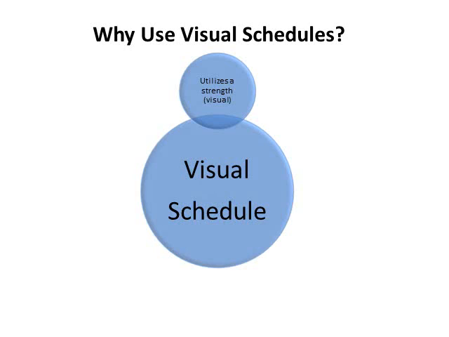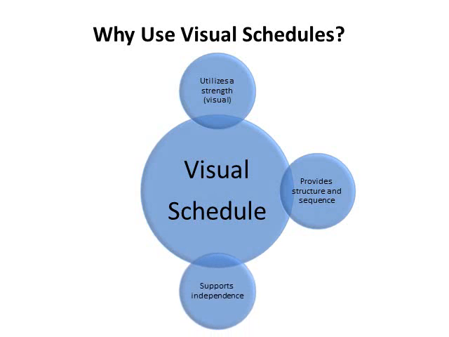It's not to say that they can't comprehend auditory instructions, but their visual modality is their strength, and a visual schedule taps into that. A visual schedule also improves a person's understanding by providing information in a very structured and sequential way. Another plus of using a visual schedule is it helps your student to function more independently. And for that reason, it helps them to gain confidence and build self-esteem.